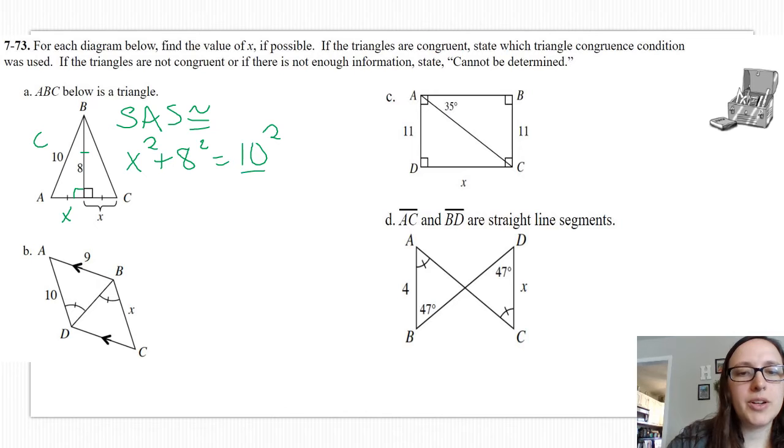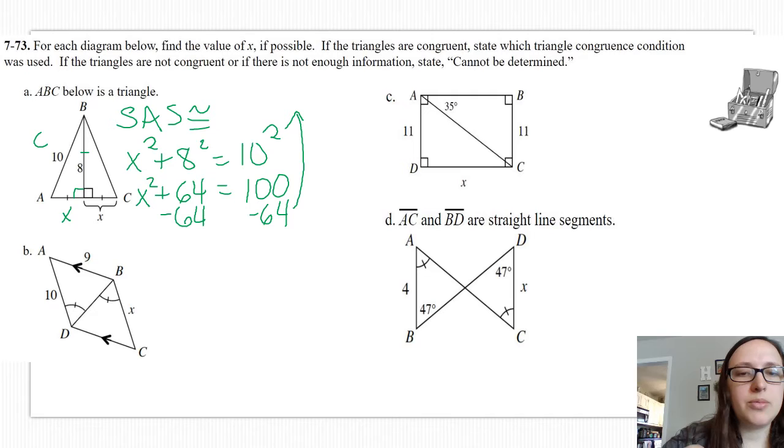So I always remember that is the hypotenuse. A lot of students just write the two numbers and add them together, but that is not always correct. So after this, we just want to simplify. 8 squared is 64. 10 squared is 100. And get x squared by itself, so we're going to subtract 64 on both sides.